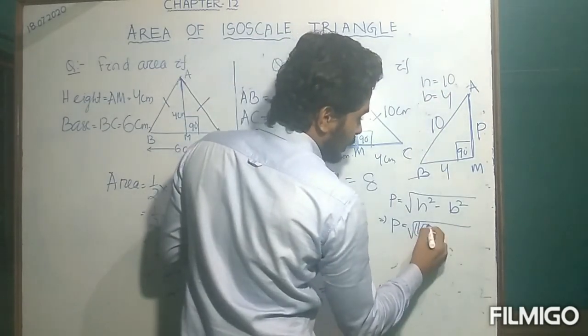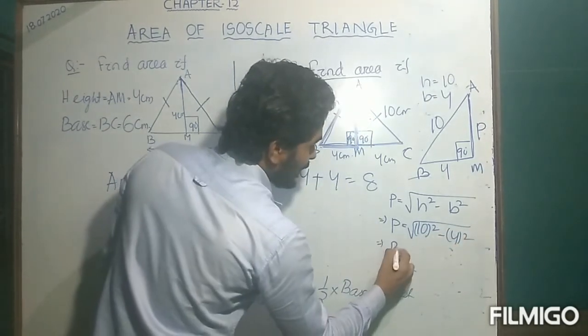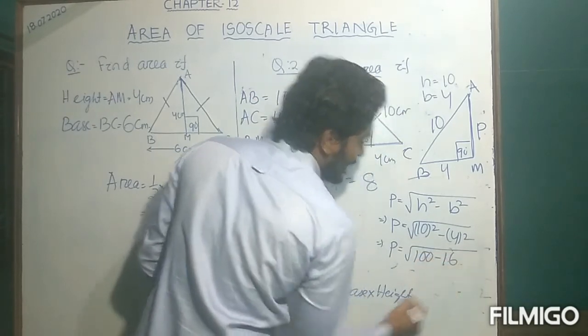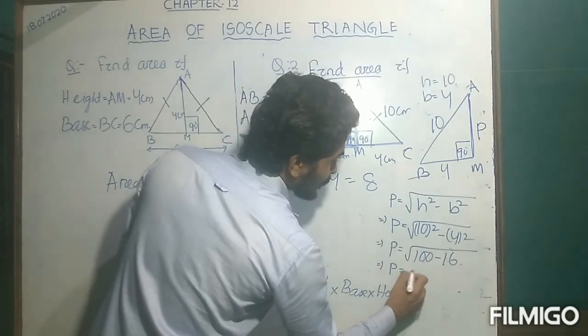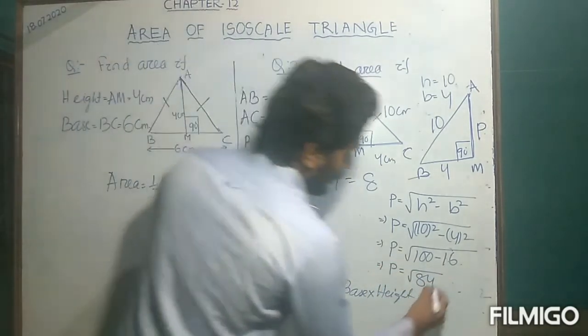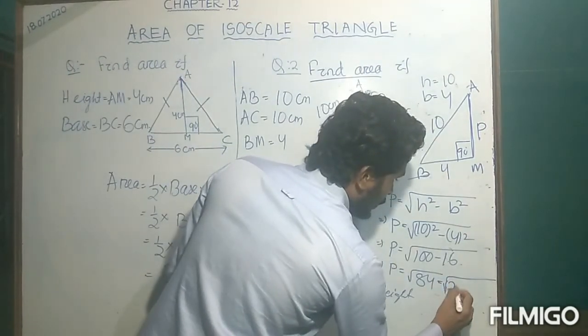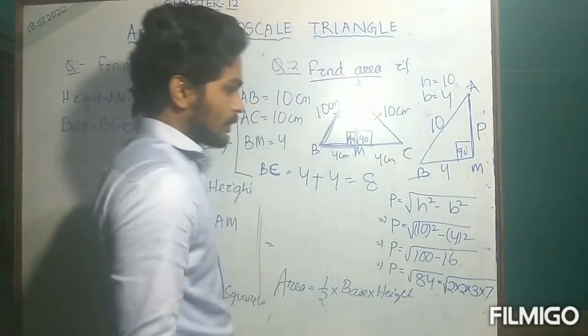So 10 square minus 4 square. So P is equal to square root of 100 minus 16. So P is equal to square root of 84. By factorizing 84 you get 2 into 2 into 3 into 7.